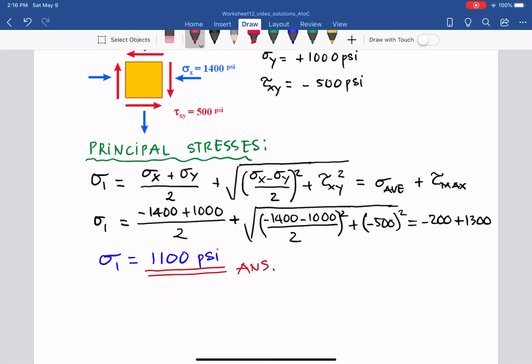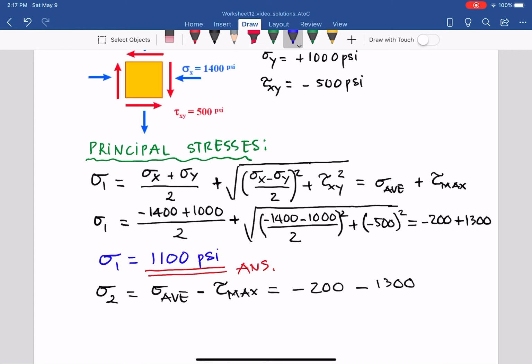And sigma 2, of course, instead of plus we put the negative. So sigma 2 equal to sigma average minus tau max, in the equation plus or minus tau max, and that equals, from that equation and the number above, negative 6,500 minus 1,300.